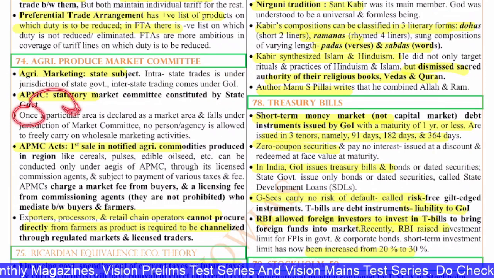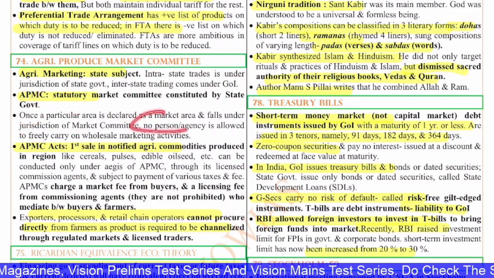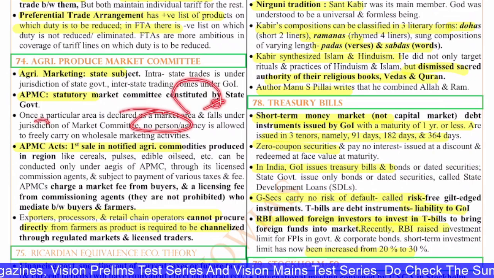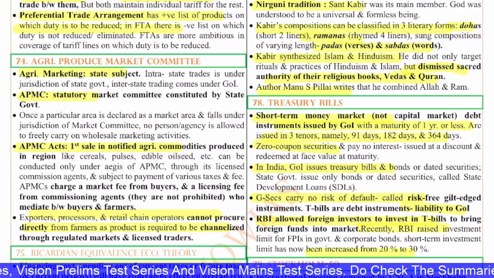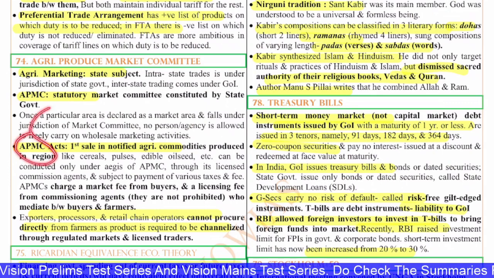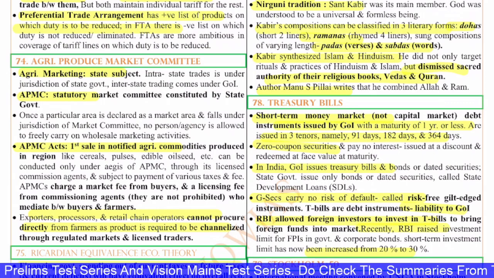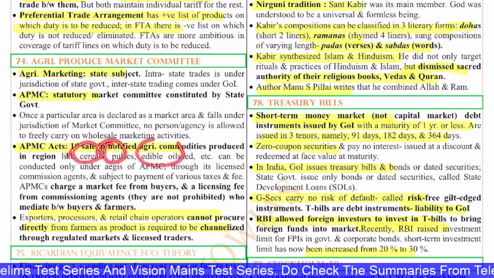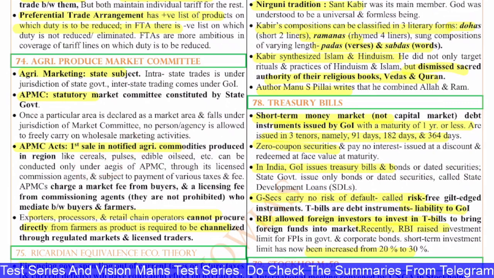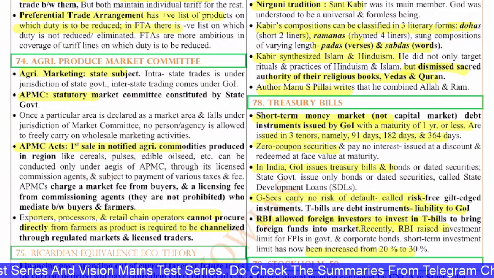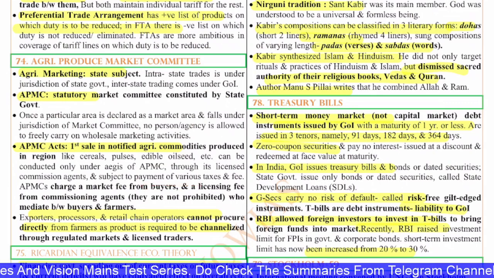Once a particular area is declared a market area and falls under the jurisdiction of the market committee, no person or agency is allowed to freely carry on wholesale marketing activities except the APMC. The first sale of notified agri commodities produced in a region, like cereals, pulses, edible oil seeds, etc., can be conducted only under the aegis of the APMC, through its licensed commission agents and subject to payment of various taxes and fees.